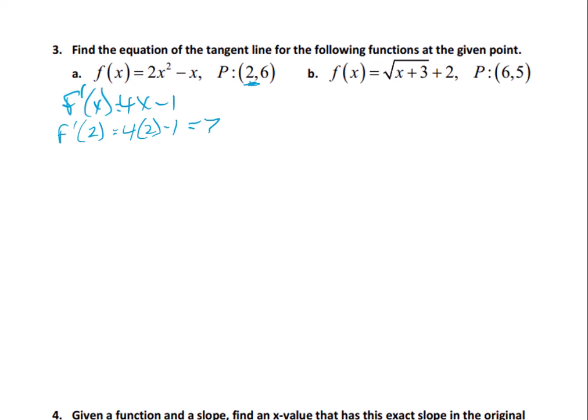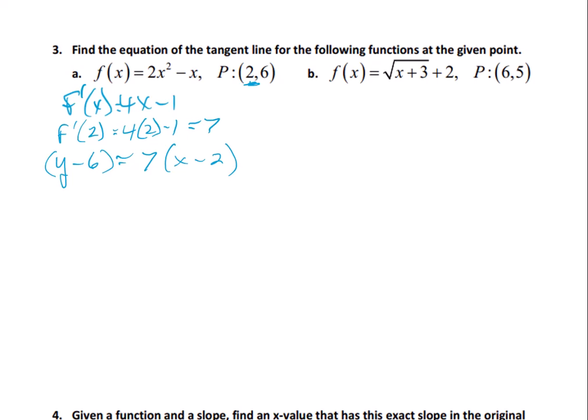Okay, how does that help me? Well, now I go back to that Algebra 1 stuff I was talking about, and I know that I can use this form, y minus the y that we're talking about, the point slope form. So I'm going to plug in 6 here, equals the slope times x minus the x value. This is from Algebra 1.